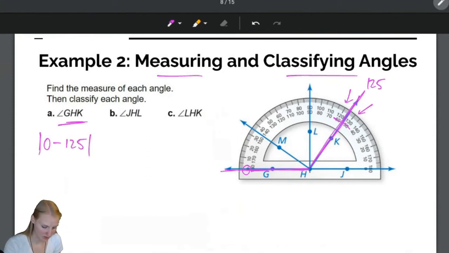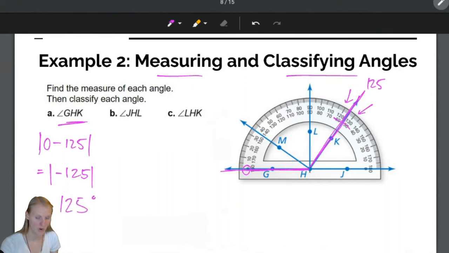Because that's in absolute value, well, yes, so this is negative 125, but because it's in absolute value, it is positive 125 degrees. So what kind of angle is this? 125 is bigger than 90 degrees, but it's smaller than 180. So, yes, this is an obtuse angle.